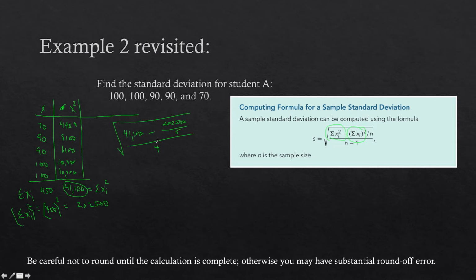So what we actually have here is the square root of 41,100 minus 40,500, divided by 4, which is going to give us the square root of, now just subtract those out. That's 600 divided by 4.